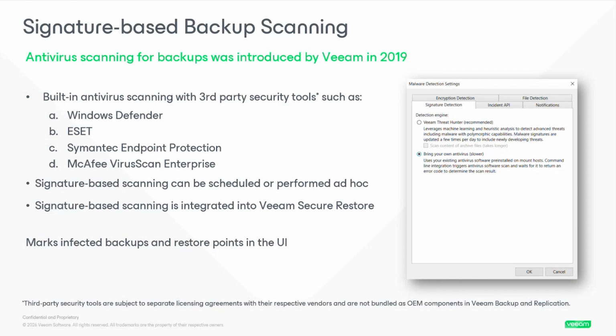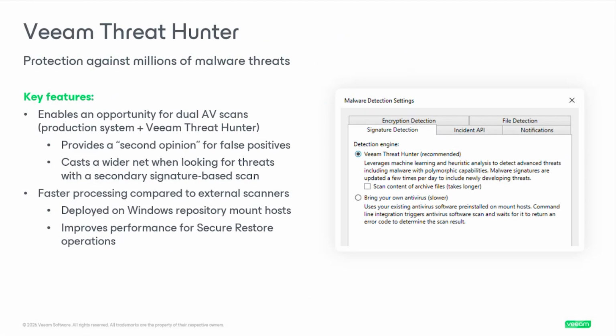So as a data protection company, we will give you the flexibility to use your own AV tools or leverage also the Veeam tools during the backups. As I mentioned, the Threat Hunter, you can use this as that second pair of eyes. So after the backups have been done, we will also scan those workloads.